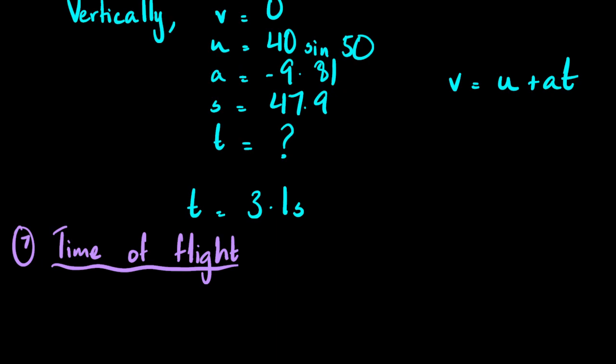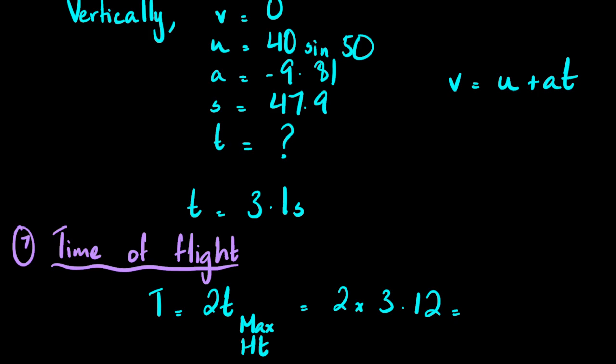So this total time of flight would basically be twice the time for the maximum height. So that would be 2 times 3.124, so 3.12. So this would turn out to be 6.24, so 6.2 seconds, correct to 2SF.